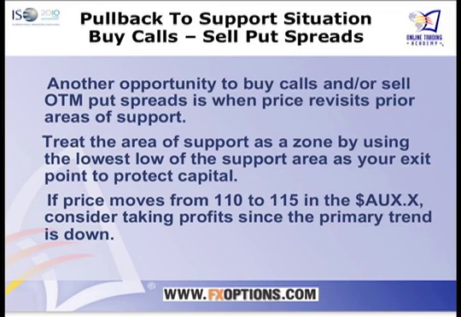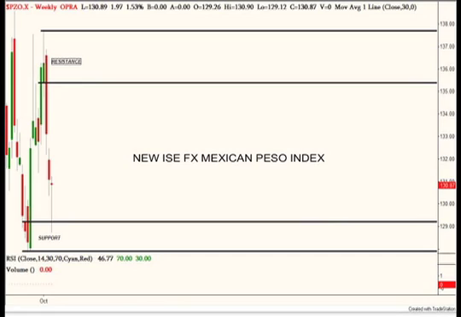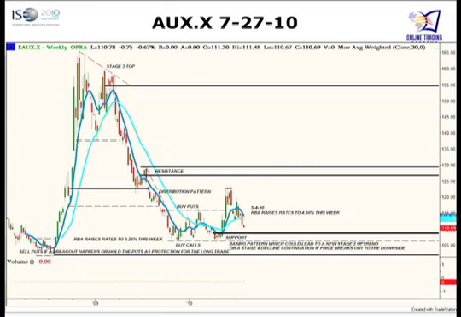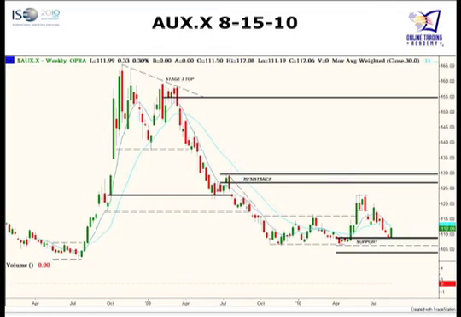We had this opportunity in the Mexican peso last year when I did this webinar. And from here, the Mexican peso actually rallied up to 135 in a 2-week period. So it visited the support and pretty much had a nice bounce back. And we also visited that area of support on 8/15, and we had a sharp rally at that point in time.